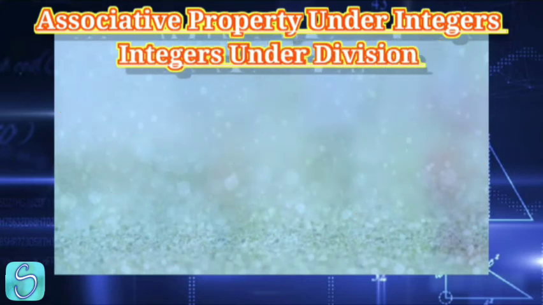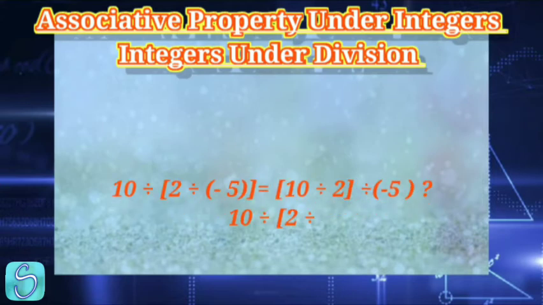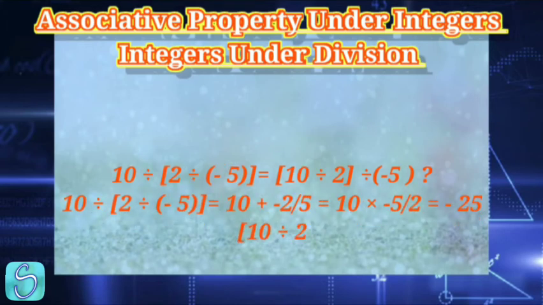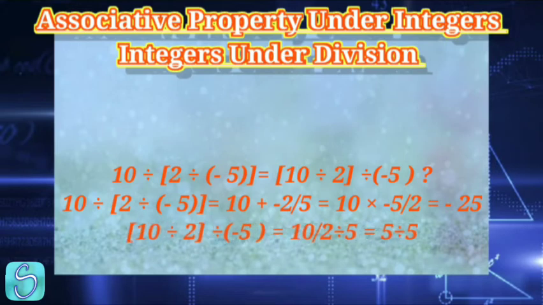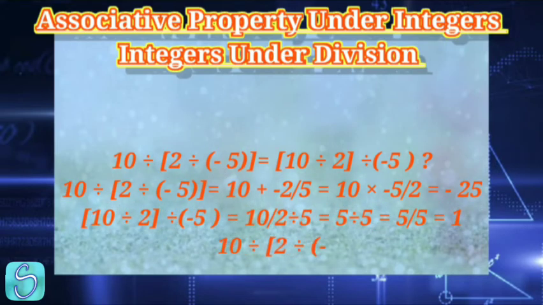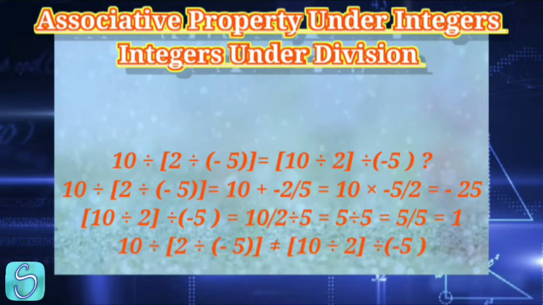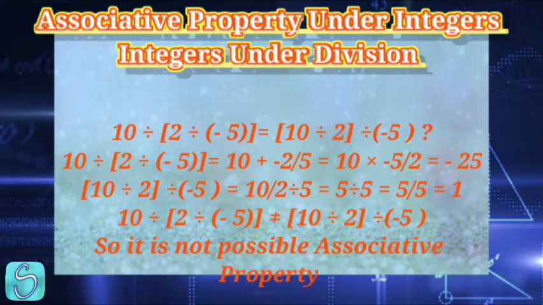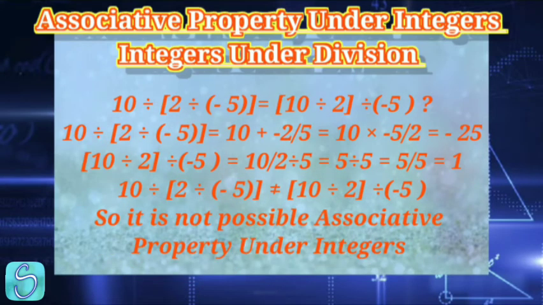Integers under division: (10 ÷ 2) ÷ (-5) is equal to 10 ÷ (2 ÷ (-5)). Find the value of 10 ÷ (2 ÷ (-5)): 10 divided by minus 2 by 5 is equal to 10 into minus 5 by 2, equal to minus 25. Find the value of (10 ÷ 2) ÷ (-5): 10 by 2 is 5, then 5 divided by minus 5 is equal to minus 1.